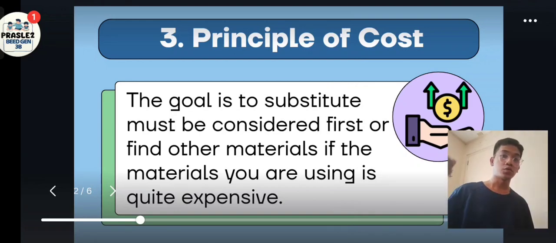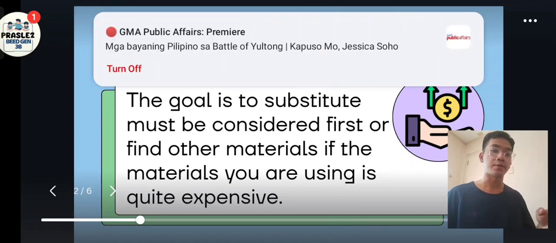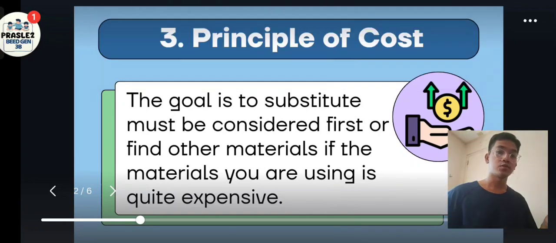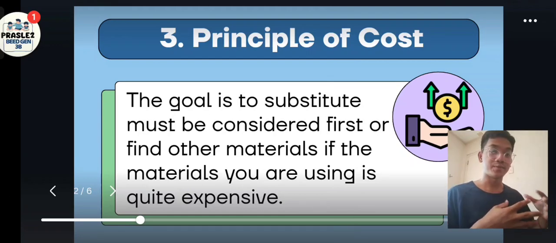Okay, so that is the principle of cost. It must be affordable, and at the same time the content still remains. We can compare it to, sabihin na natin, ukay. Do you know ukay? In ukay, we are buying clothes, shoes, and other necessities that we want, but at a cheaper price, right?